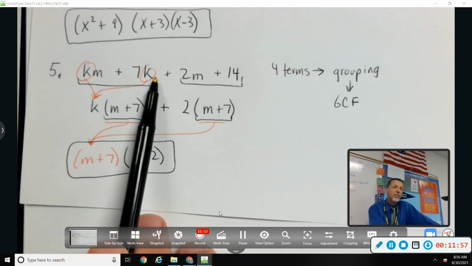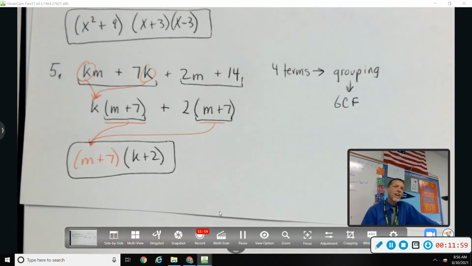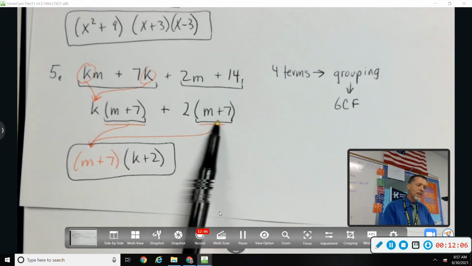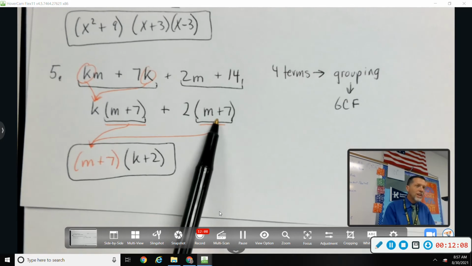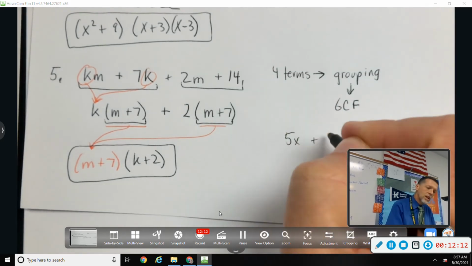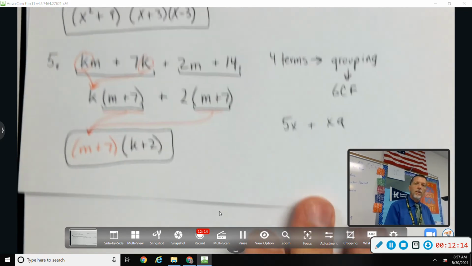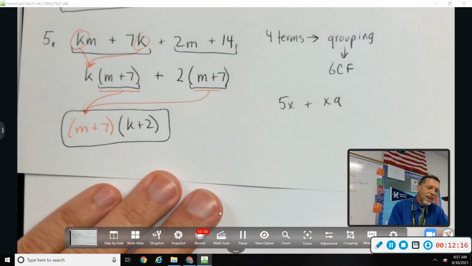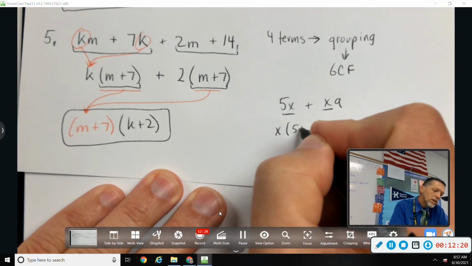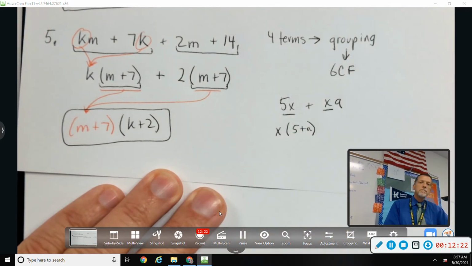There's 1 in each term, so I factor out the 1 k. What you're saying is a common mistake. People are like, oh, look, there's 2 m plus 7s. Yeah, but there's only 1 in each term. If I have 5x plus xa, I'm going to factor out the x. There's only one x to take from each term. It doesn't matter which order they're in.